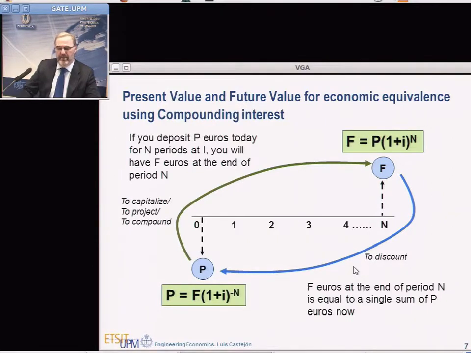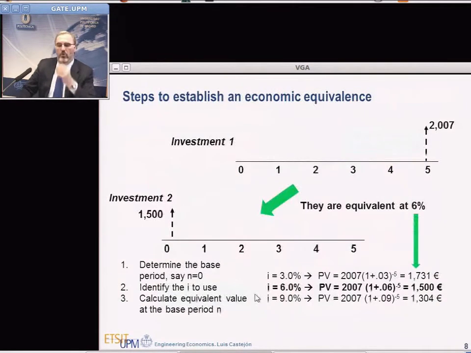So that is the basis of engineering economics, both formulas: the future value of a present amount and the present value of a future amount. We are going to learn how to apply them and how to establish an economic equivalence.